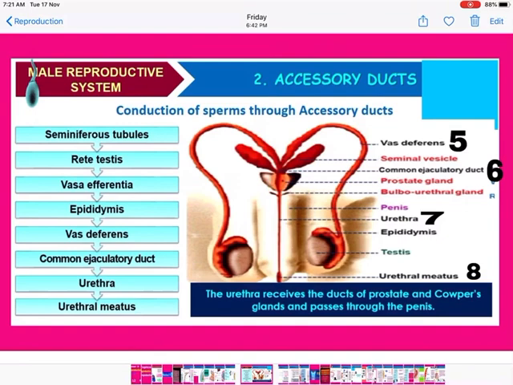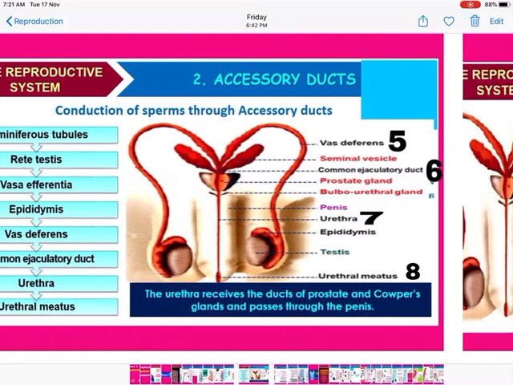The opening of seminal vesicles also is there in the duct. Common ejaculatory duct, see labeling number 6. This common ejaculatory duct is followed by urethra, labeling number 7, and then it is followed by urethral meatus, labeling number 8. So this is the passage of sperms starting from seminiferous tubules to urethral meatus.